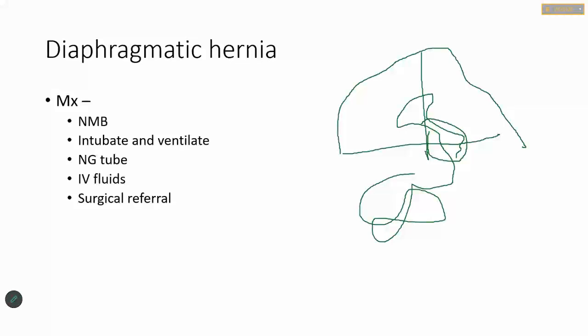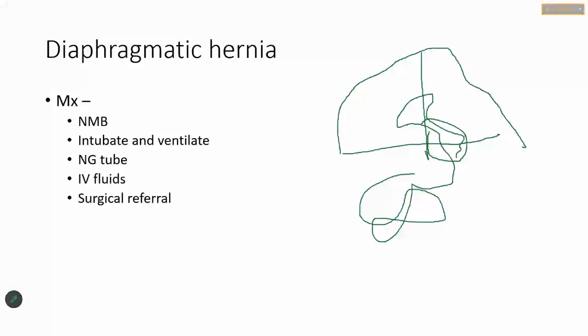So with diaphragmatic hernia, what is the problem? When there is a diaphragmatic hernia, the bowel content goes into the chest cavity and prevents the development of the lungs. That is the major problem, not the hernia itself. The herniated content doesn't do anything, because there is no damage to the herniated sac.